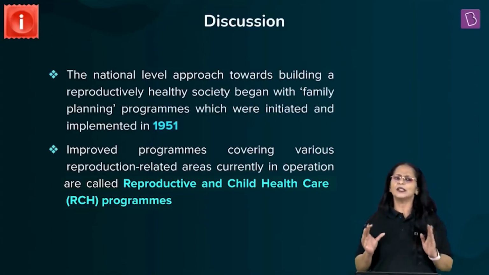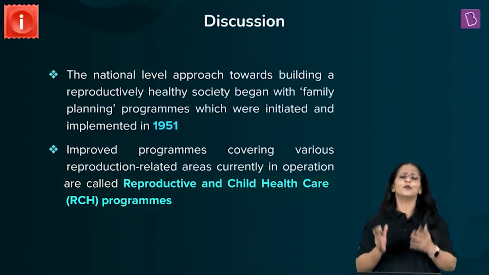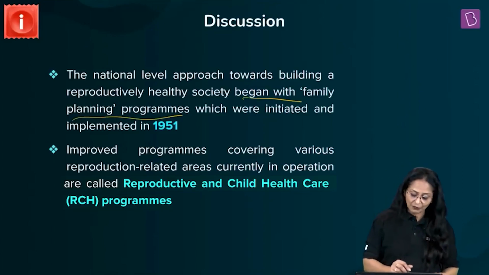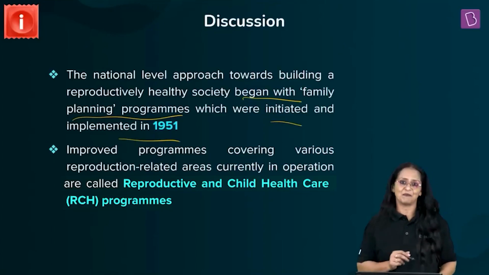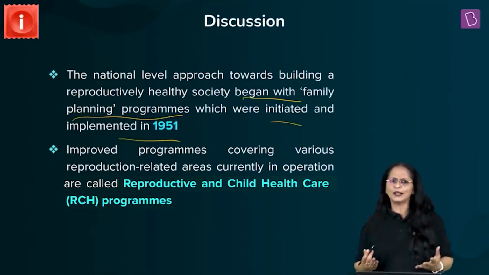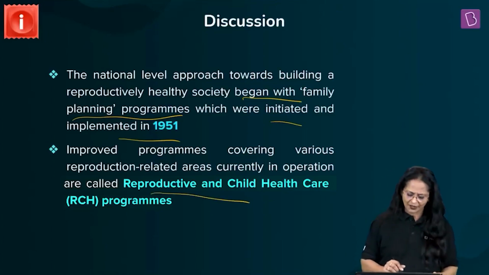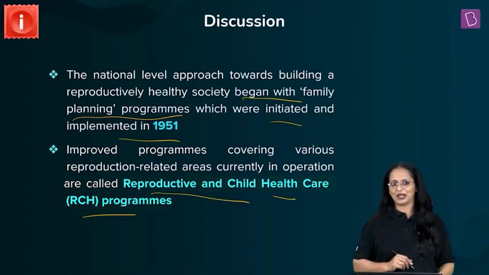A reproductively healthy society is so essential to maintain and control the population growth, right? So this began with the family planning programs which were initiated and implemented in the year 1951. Now, there are several programs that were initiated. All these come under one common banner called the Reproductive and Child Healthcare Programs, the RCH programs.